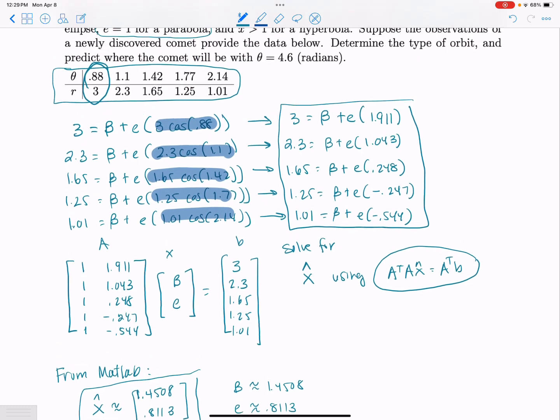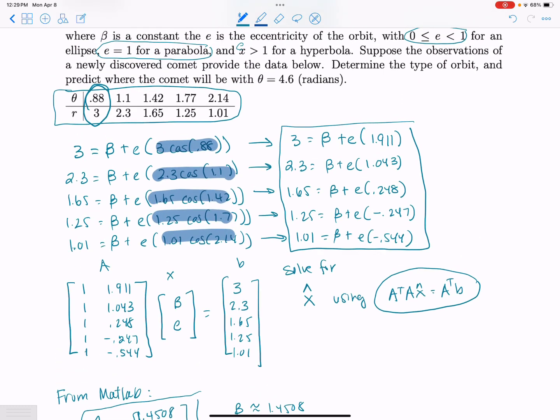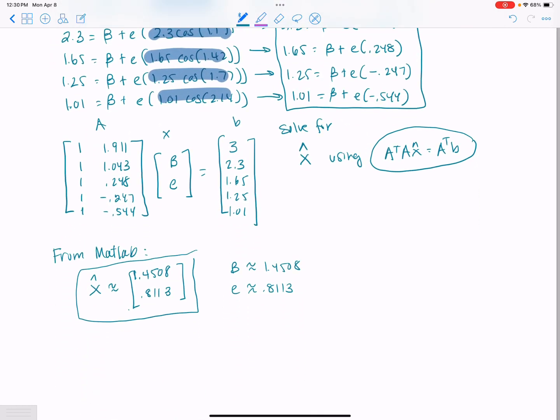What they asked us for is to determine the type of orbit. Because my e is between 0 and 1, that means it's an elliptical orbit.